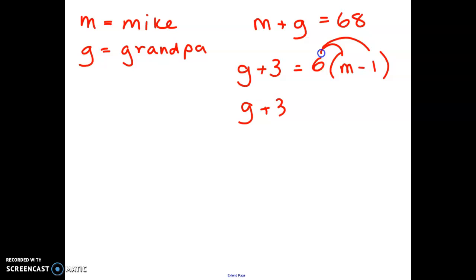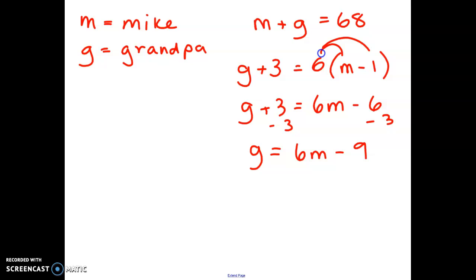So we'd have G plus 3 equals 6M minus 6, because I can multiply the 6 into both the M and the 1. And then I'm going to subtract the 3 over here and just get grandpa's age on its own. So 6M minus 9. So that means grandpa equals 6 times Mike's age minus 9.